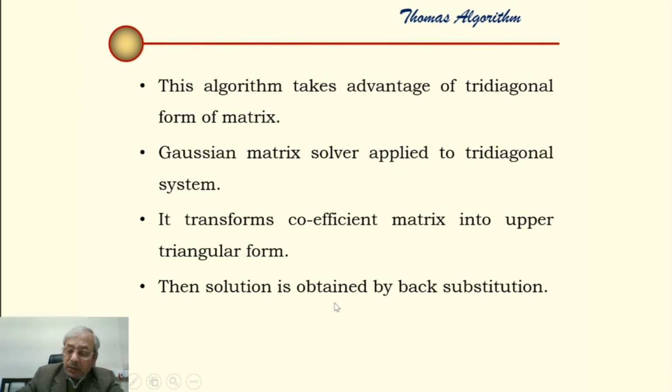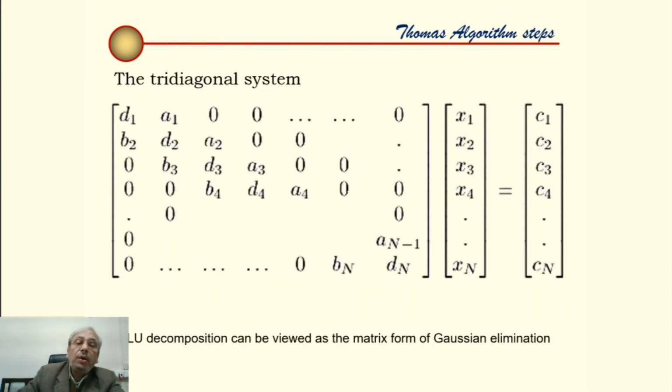And the solution then, if we get an upper triangular matrix, through back substitution we can very easily get the solution. Let us consider this coefficient matrix, this unknown vector, and this known vector.